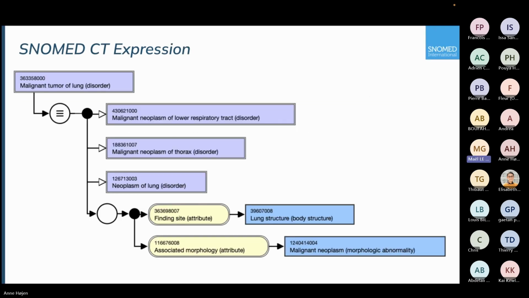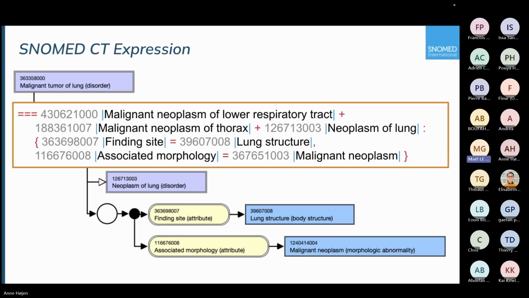These expressions, you see them here in the diagram. And as we also just saw, Kai was showing you in the expressions tab of the browser, you can also represent the definition of a concept or the inferred definition using an expression.